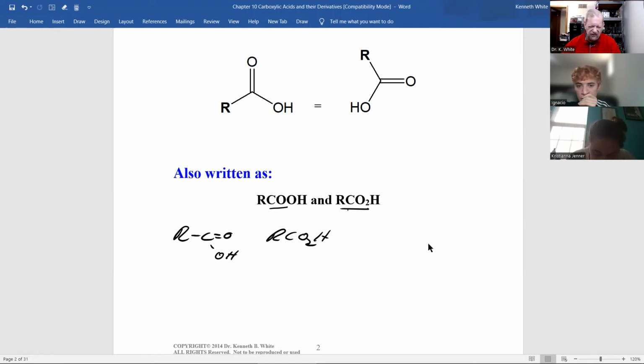Both of these are the same carboxylic acid. A lot of times you'll see it this way in books because it's cheaper to print. That's why there are two ways of doing it.